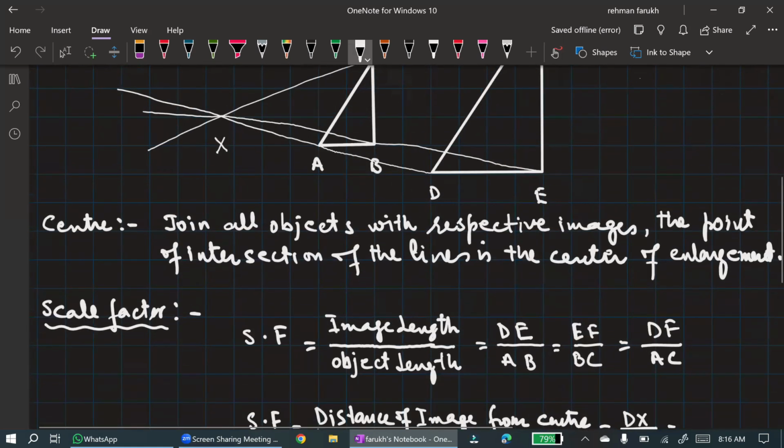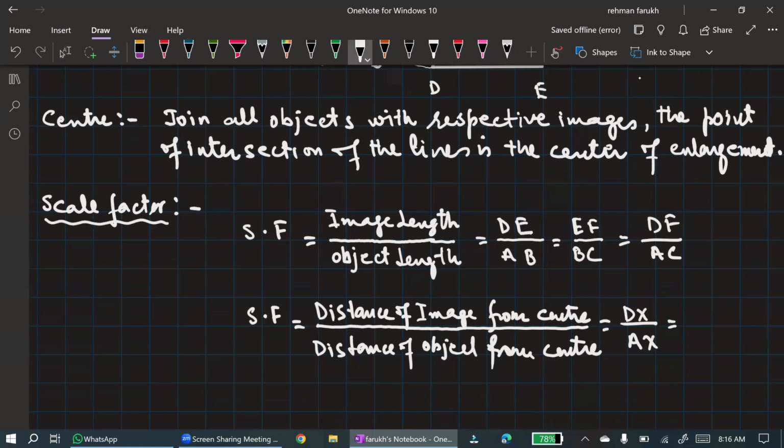And if we consider E as the image and B as the object, then what should be the formula to find the scale factor? So EX over BX. Good.